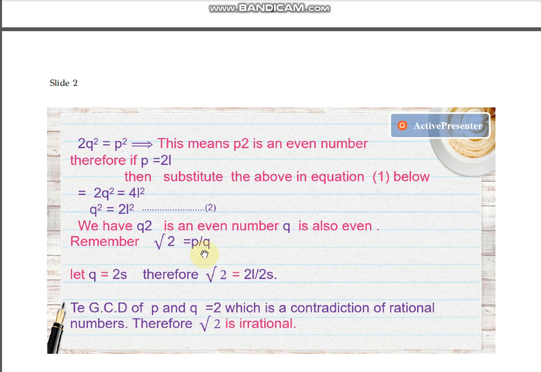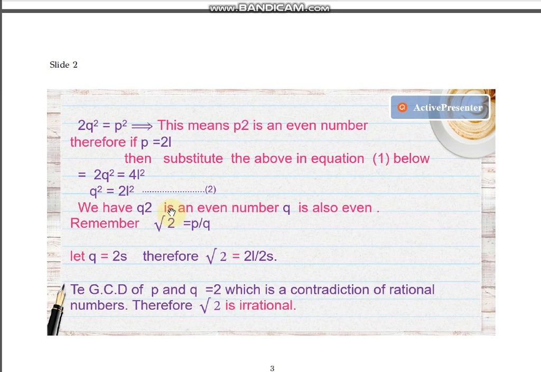We are going to let Q be 2S, the way we did for P. Then we shall represent the square root of 2 as 2L over 2S. Why? Because initially we had represented it as the square root of 2 equals P over Q. And now that Q is 2S and P is 2L, we substitute.